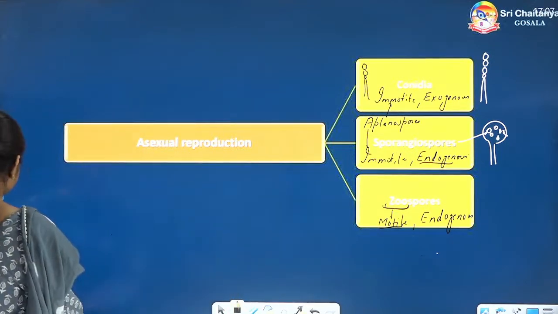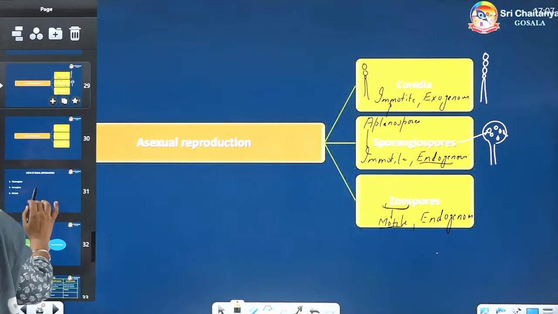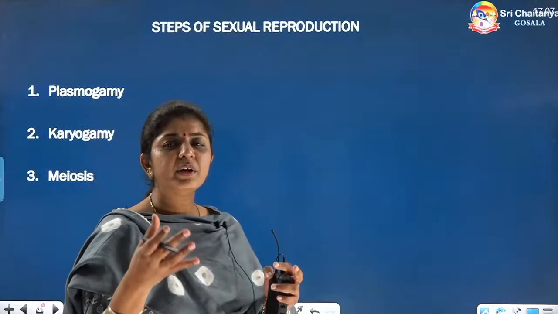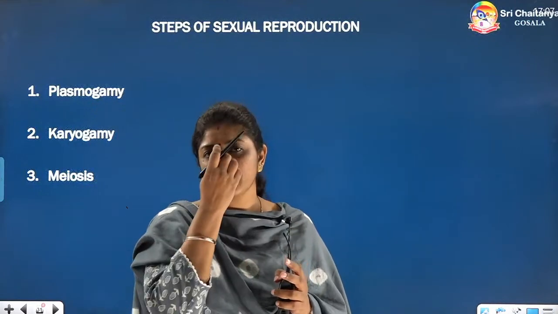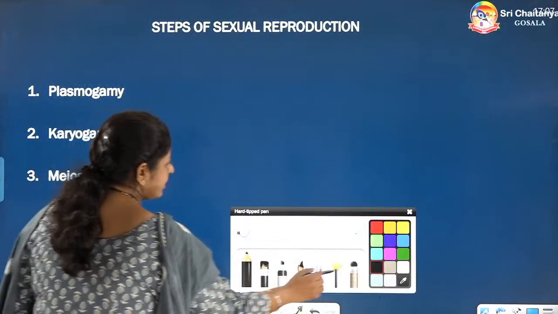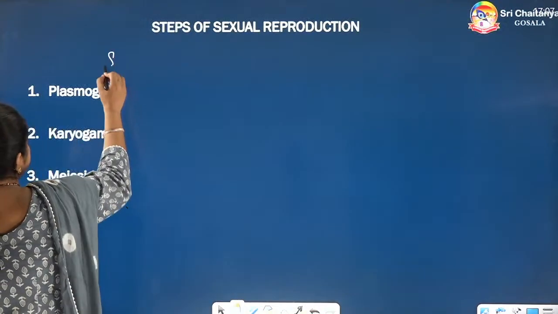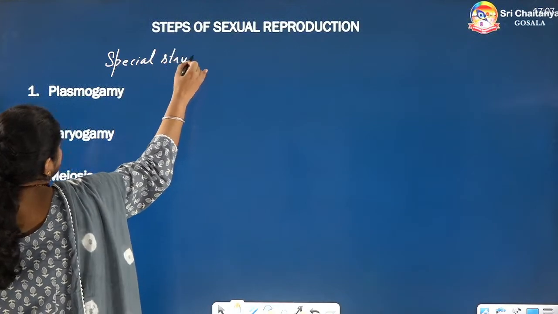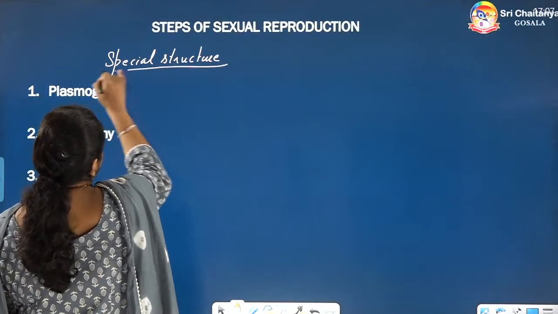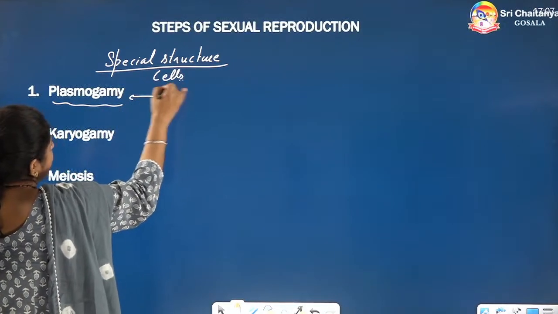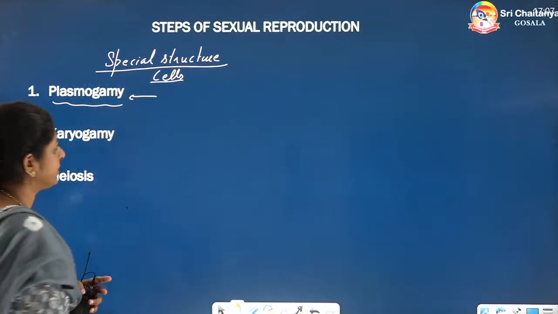Now coming to the next part, the steps of sexual reproduction. I said special cells are formed which will fuse, and the first step is the fusion of those special structures, the fusion of the cells, which you call plasmogamy, right?